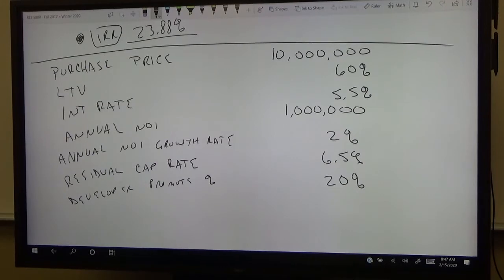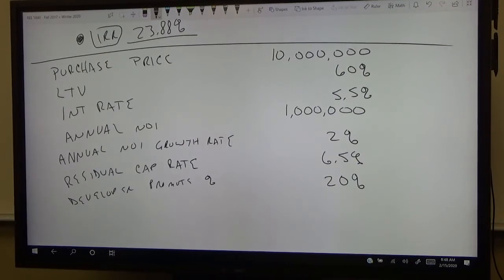We're gonna use the sheet. Just use the front sheet. First person to finish with pure accuracy gets an extra 10 points on their quiz today. So there's an incentive.